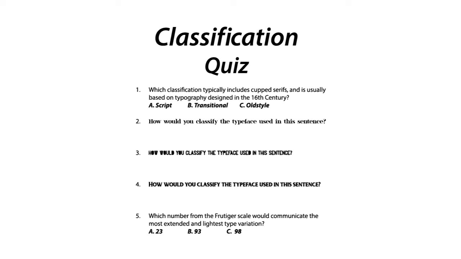It is definitely the most extended version. However, that front number is talking about how heavy the typeface is, and that is definitely the heaviest it gets. Therefore, it's not going to be the lightest, which leaves us with the only logical answer, which is A. A is up in the top of our Frutiger scale. That's going to be communicating the most extended and the lightest type variation.